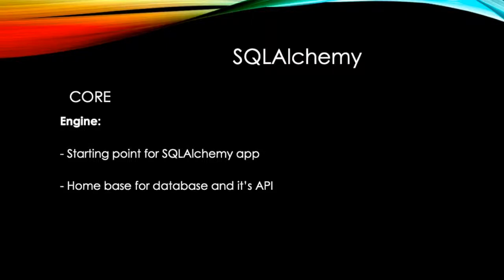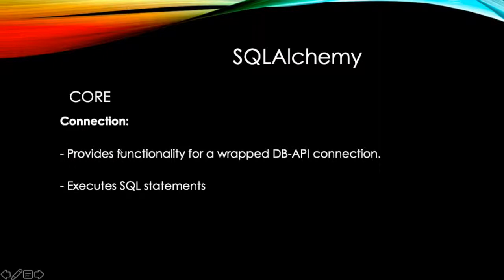And then we have a connection. Using connection, we can connect to our database. It provides functionality for the wrapped database and its API, connection, execute SQL. So the connection actually allows you to execute SQL instructions.